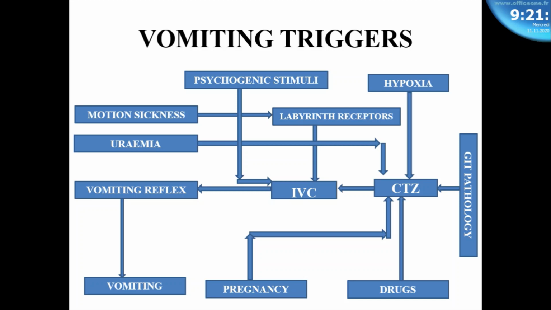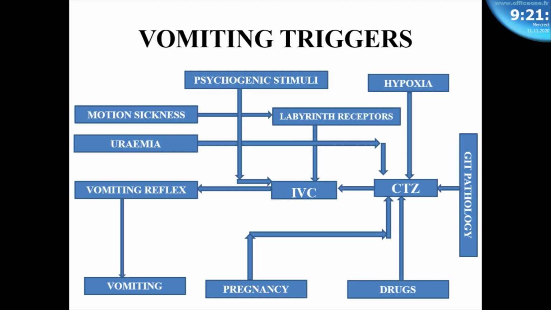That's one. Second, motion sickness. Friends, remember, in the inner vestibular system, there are hairs that have receptors which control the balance and perception of movement. When you are in a rapidly moving car, these receptors are stimulated via histamine and acetylcholine.